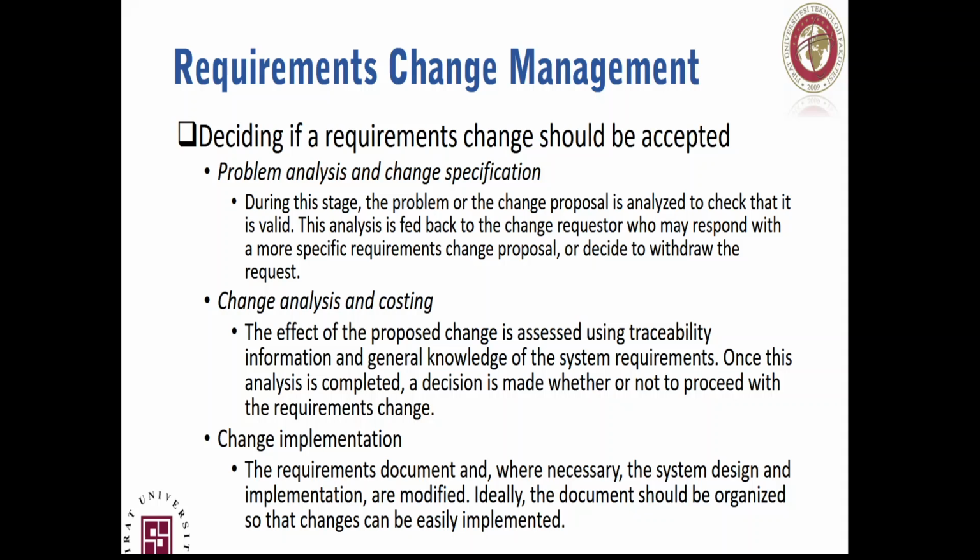We need to check whether the requirements are actually accepted or not based on the following scenario. Since we have a request for change, there is a proposal for a change. We need to check whether this proposal is valid or not. Usually this proposal comes from the stakeholder, so they may propose something which is not possible or valid, which is invalid in brief.